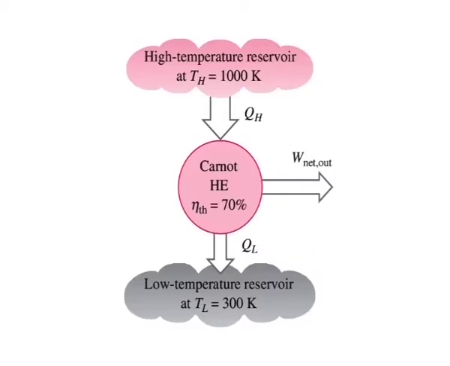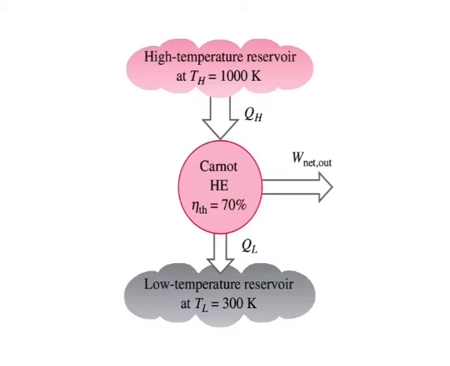This is the highest efficiency a heat engine operating between two thermal energy reservoirs at temperature TL and TH can have. All irreversible, that is actual, heat engines operating between these two temperature limits have lower efficiencies.